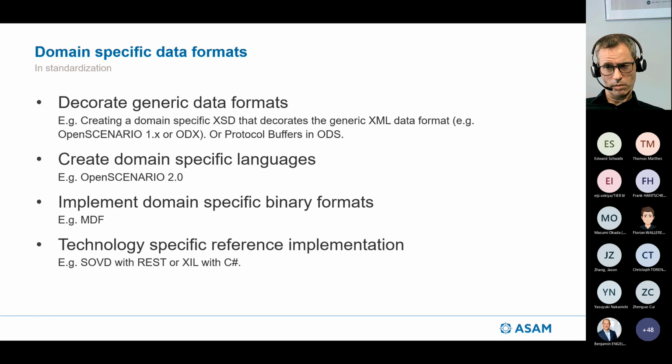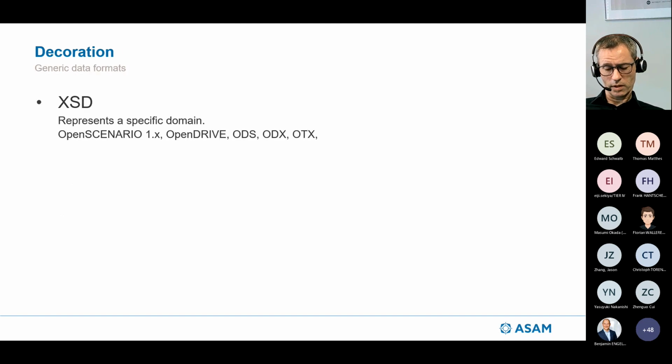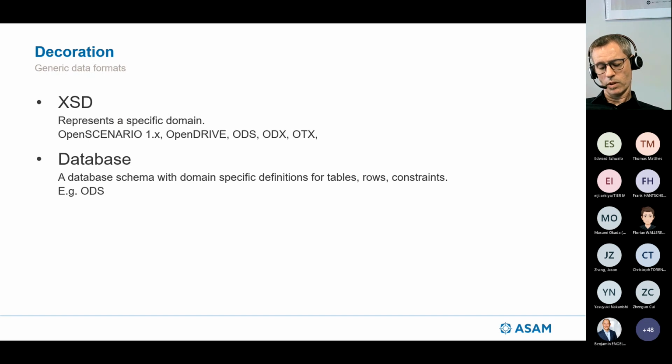The first one is probably worth a couple of examples. When we are talking of decoration, we use XSD in many standards: OpenSCENARIO, OpenDrive, ODS, ODX, OTX. We use an XSD to add domain-specific knowledge to XML. When it comes to databases, we add a domain-specific database schema with definitions for tables, rows, and constraints.